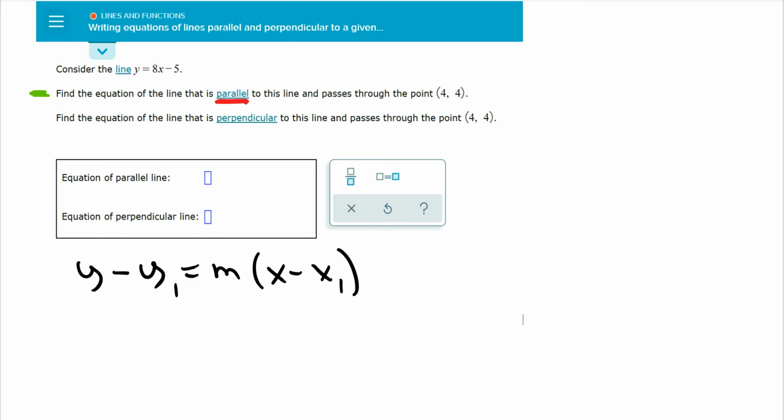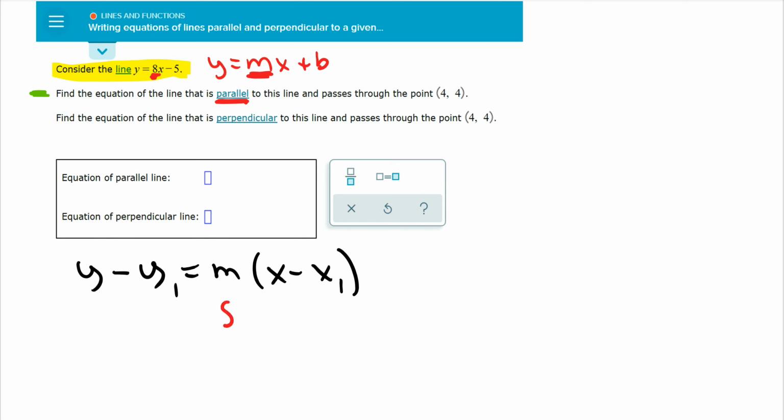Now, this line that they gave me, it says consider the line y equals 8x minus 5. Well, when I consider that, I can look at this and it is in the y equals mx plus b form. So the 8, which is in front of the x, that's my slope. And since this line and the line I'm looking for are parallel, they have the same slope.